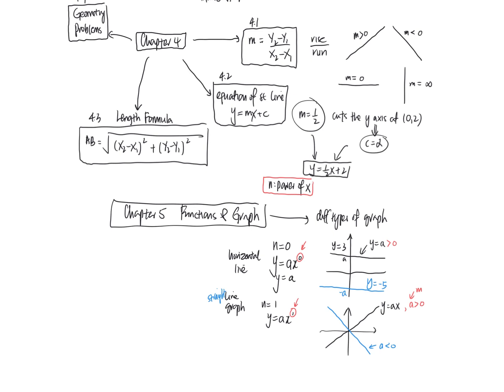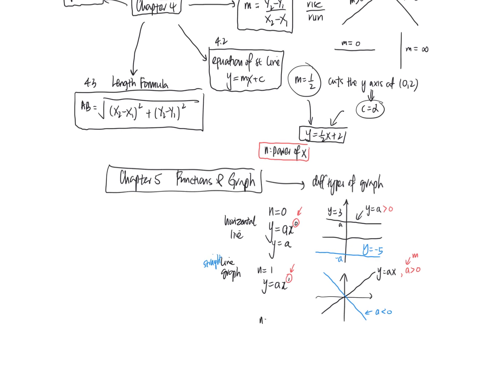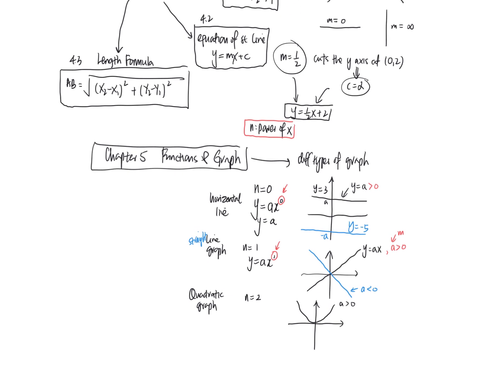But when you go power 2, then it becomes a quadratic graph already, your smiling and frowning curve. So you will start seeing shapes like a smile when a is positive, but a frown when a is negative.